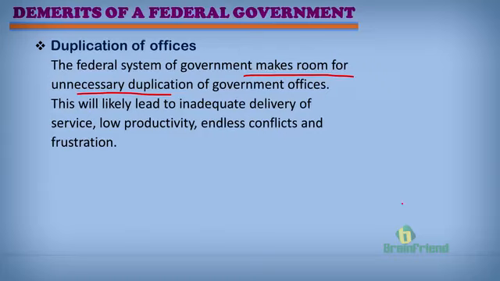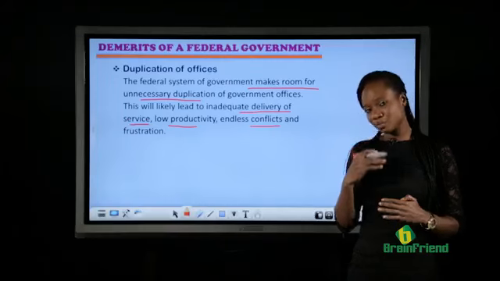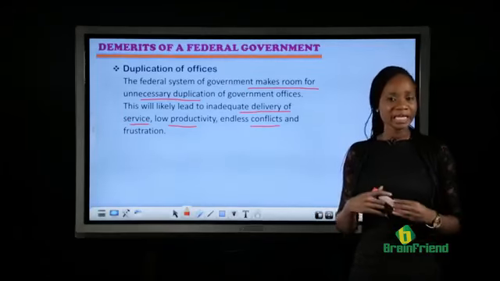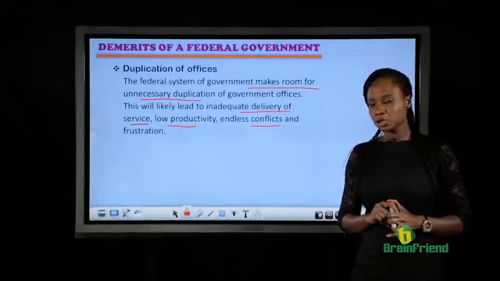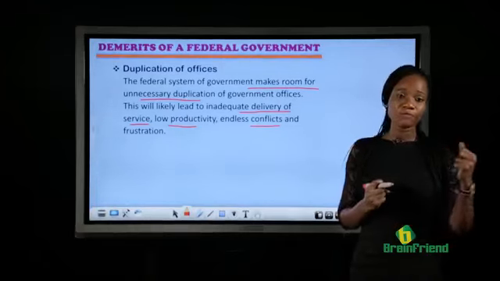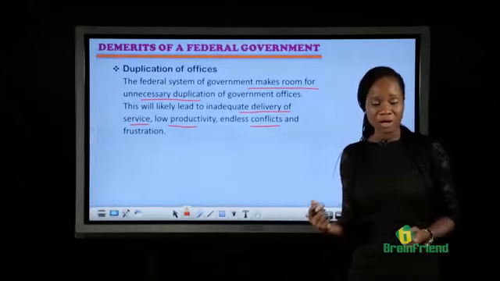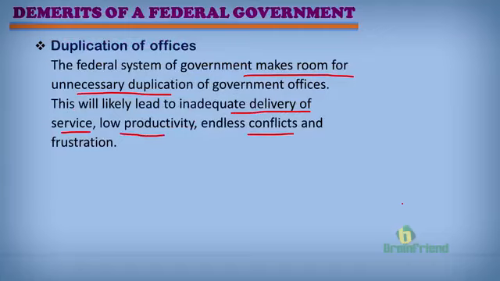And so the duplication of the office becomes unnecessary, because people try to shift blames and responsibilities, which will further bring about inadequate delivery of services, low productivity, endless conflict and frustration, because people will keep fighting, each trying to put the blame on the other office. So you see, this duplication of office actually poses to be a disadvantage, as people will not be able to be held responsible for what has gone wrong, which can even lead to lack of accountability.